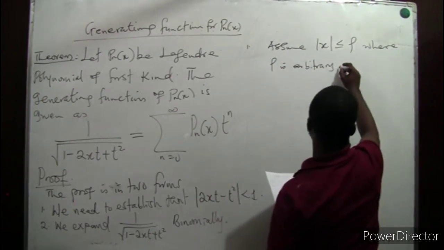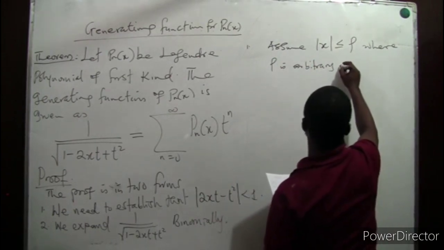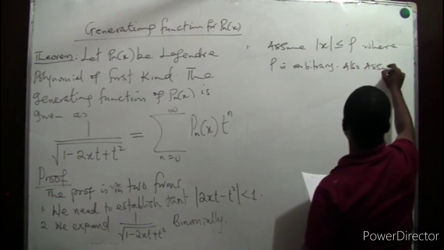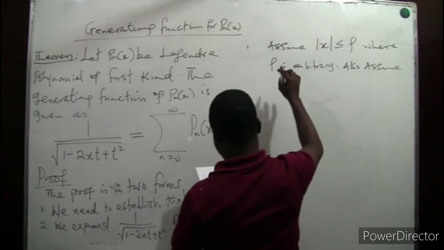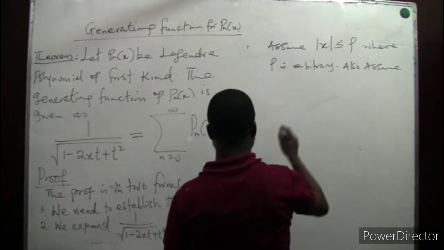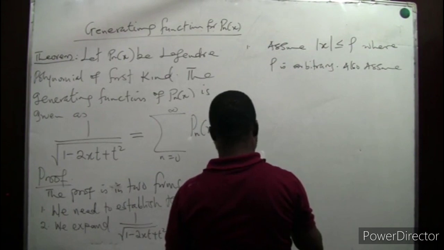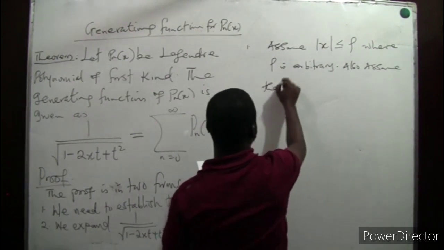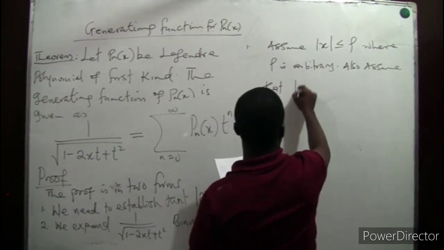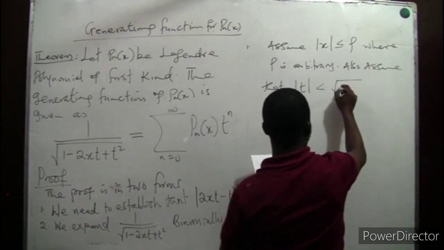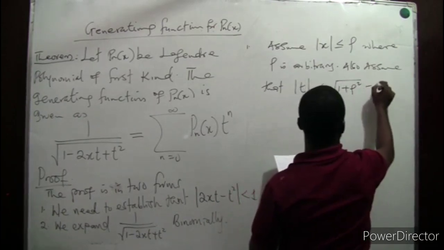Also assume that absolute of t is less than square root of 1 plus rho squared minus rho.